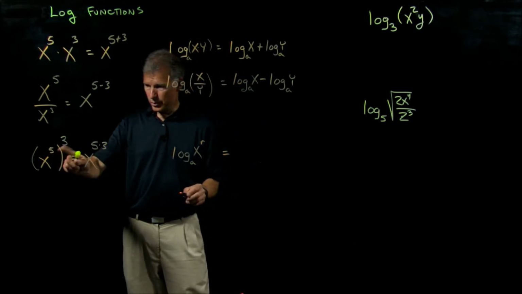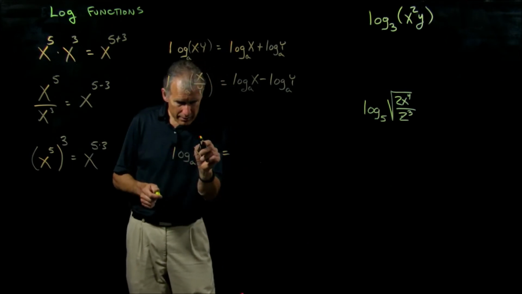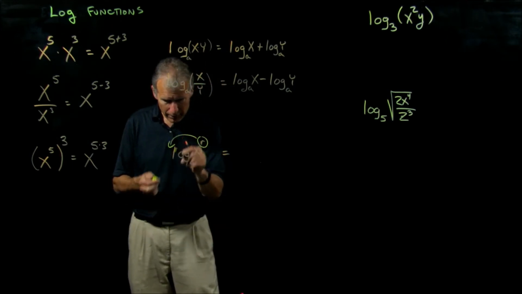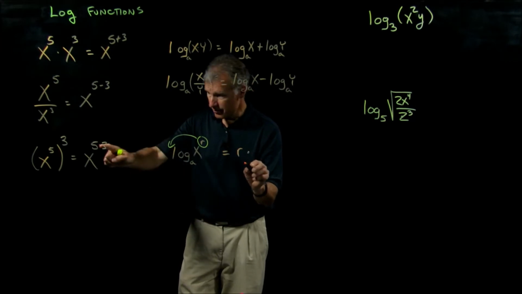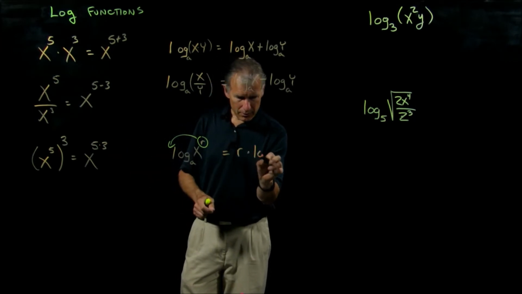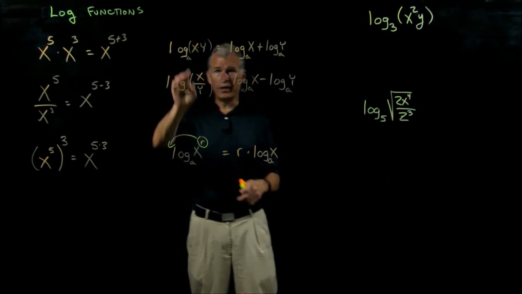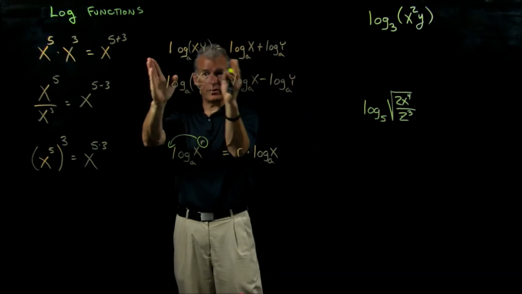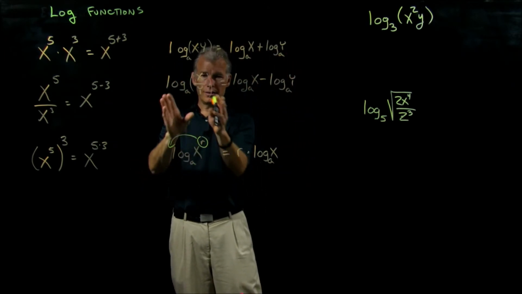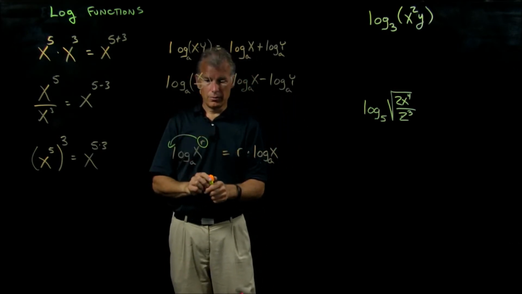So 2 layers of exponents becomes a multiplication problem, right? The exponent then can come out front. So now this becomes r times the log base a of x. So here we're expanding it out, or if you want, you could start here and go backwards and condense it a bit. So expand or write it more compactly.